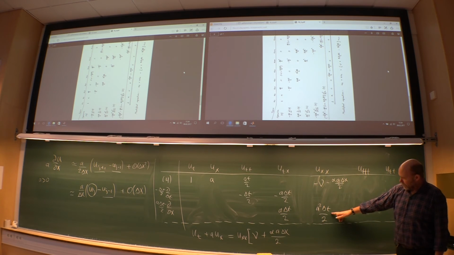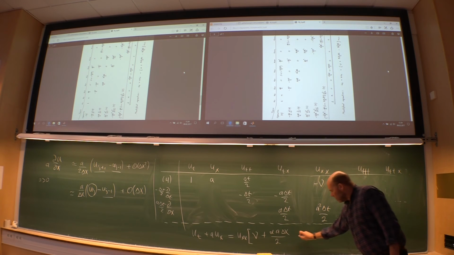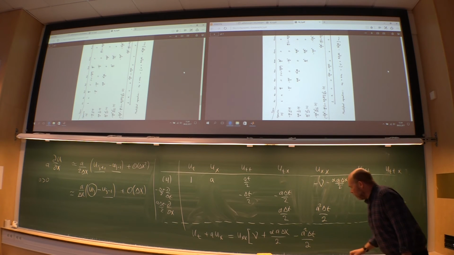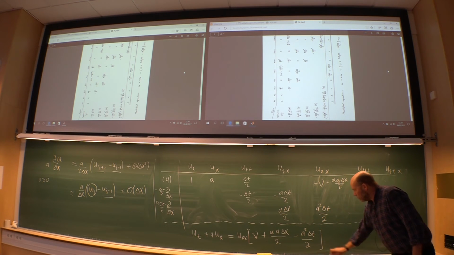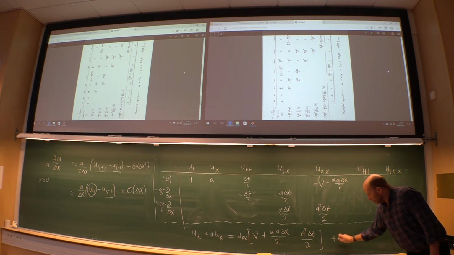And then I have something here as well, negative, minus a square delta t over 2. And then higher order terms as well.